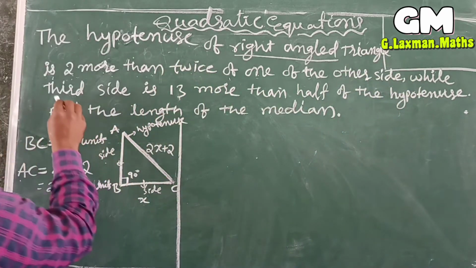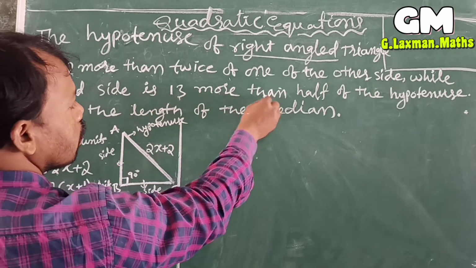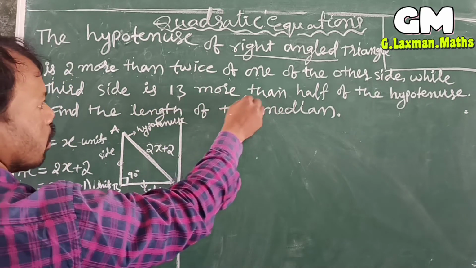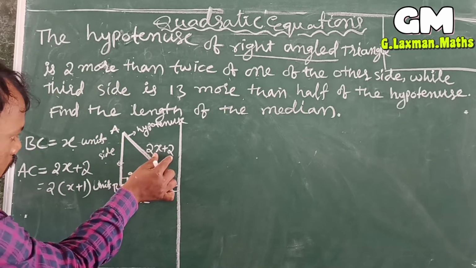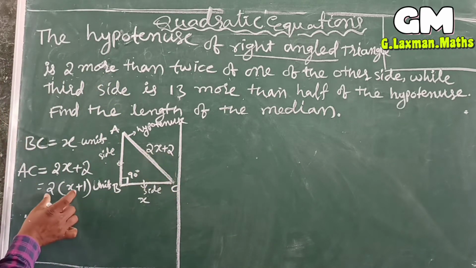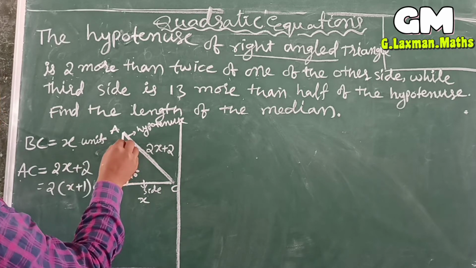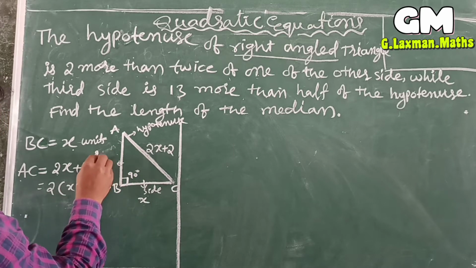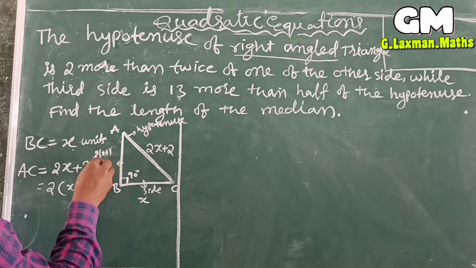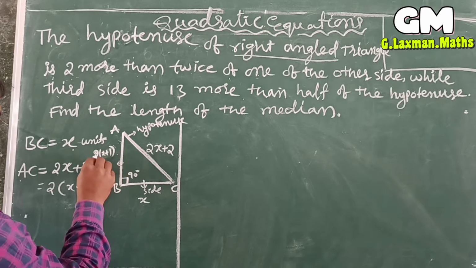While the third side is 13 more than half of the hypotenuse. Half of the hypotenuse means, what is the hypotenuse here? 2 of x plus 1 is the hypotenuse. This is the side. So the hypotenuse is 2 of x plus 1, and half of it is 2 of x plus 1 by 2.